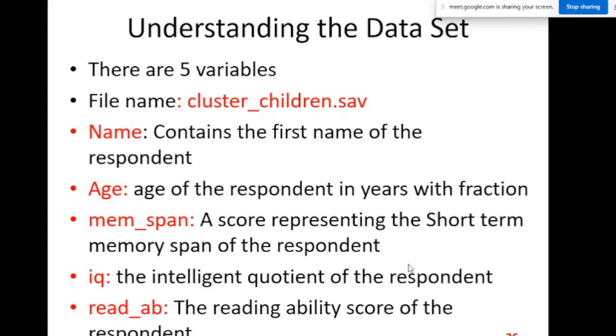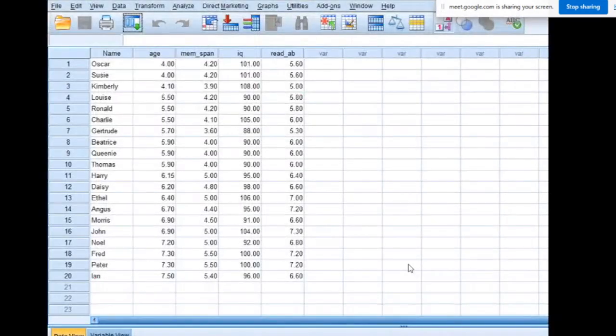Less than 100 means you are below average, and if you go sufficiently below 100, like 80, there is another term which is called moron, which means lower IQ than an idiot. And the reading ability score of the respondent is also marked.